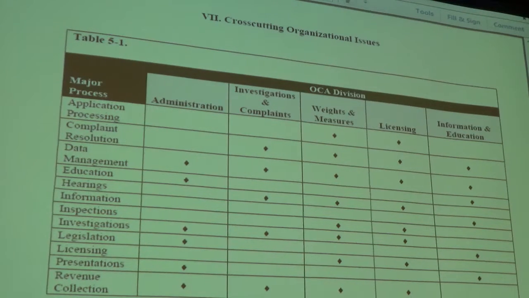Data management affects the whole entire organization. Education may only affect two sections of the OCA. The hearings affected three divisions. Investigations affected four divisions. Revenue collection affected four divisions.